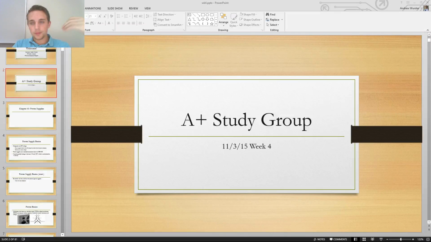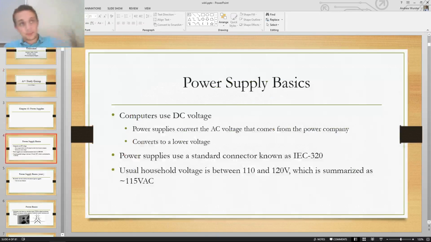So, the first chapter of this week is on power supplies, and it kind of starts out with just basics such as how all computer technology uses DC voltage versus AC voltage. So direct current versus alternating current.